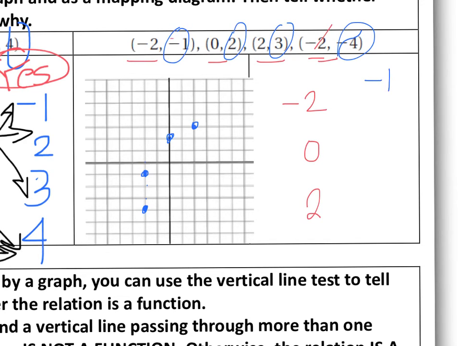For the outputs, you've got negative 1, 2, 3, negative 4. Oh, negative 4 is the smallest one, sorry. Negative 4, negative 1, 2, 3. And then, let's match it up. Negative 2 to negative 1, 0 to 2, 2 to 3, and then negative 2 to negative 4.